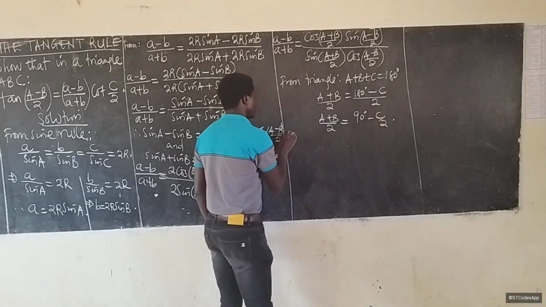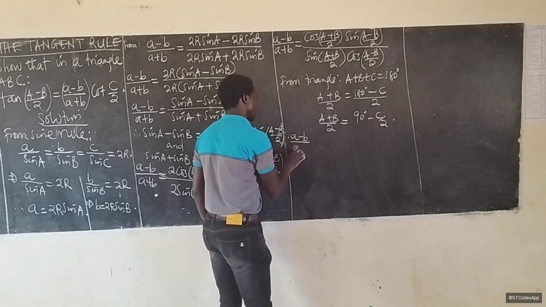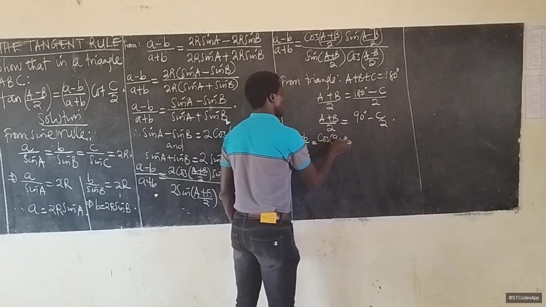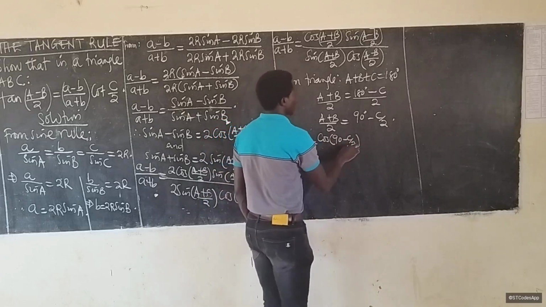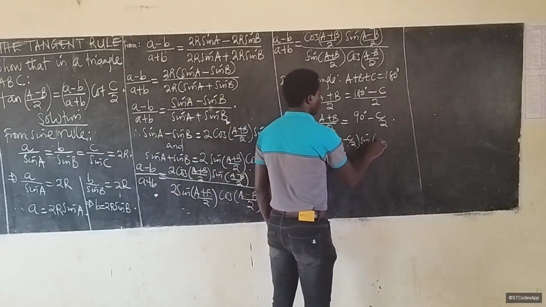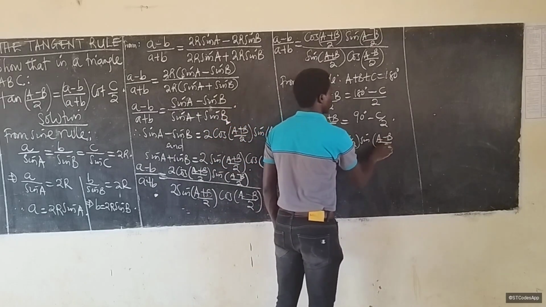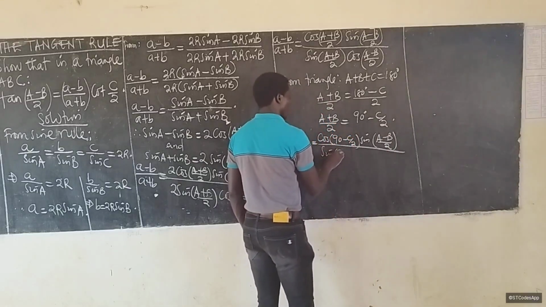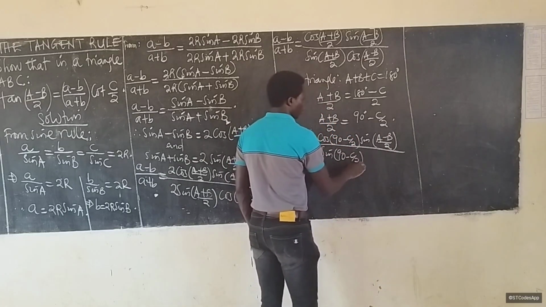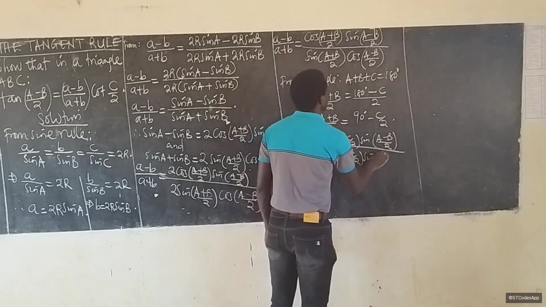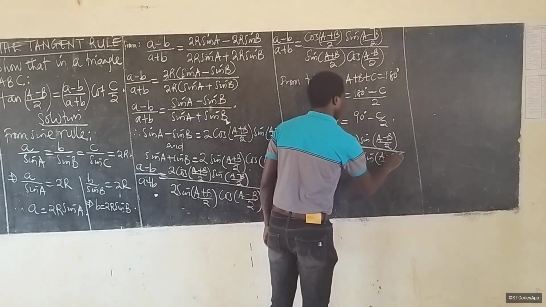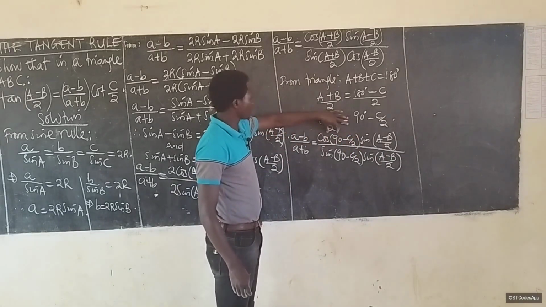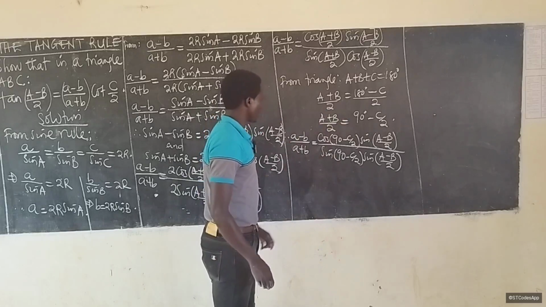Therefore, A minus B, A plus B becomes cosine of (90 minus C) out of 2, sine of (A minus B) out of 2, and sine of (90 minus C) out of 2, sine of (A minus B) out of 2. So in this case, we have an expansion of a cosine and then an expansion of a sine.